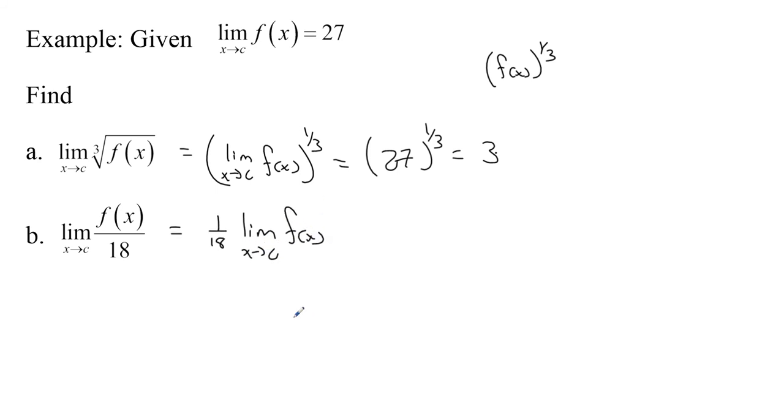Now I guarantee this is not the only way to do it, but I can now replace this with the 27 that I was given at the beginning and say it's 1 over 18 times 27. That gives me 27 over 18. I can take a 9 out of both of those and say it's 3 over 2. All right, moving on.